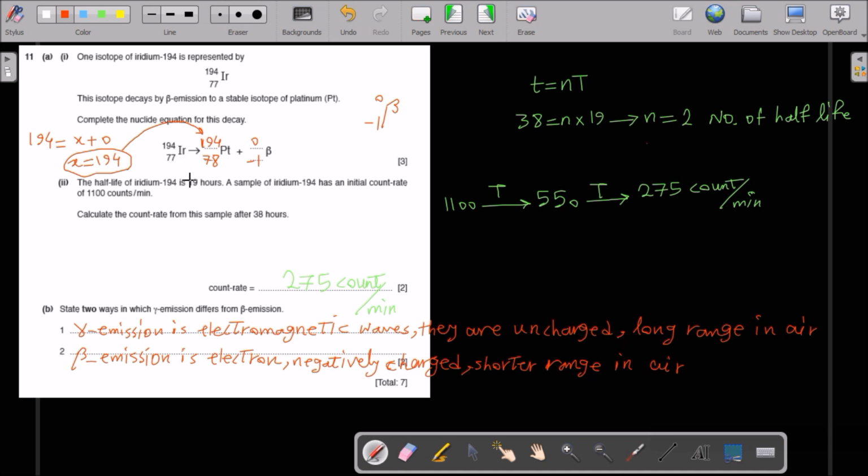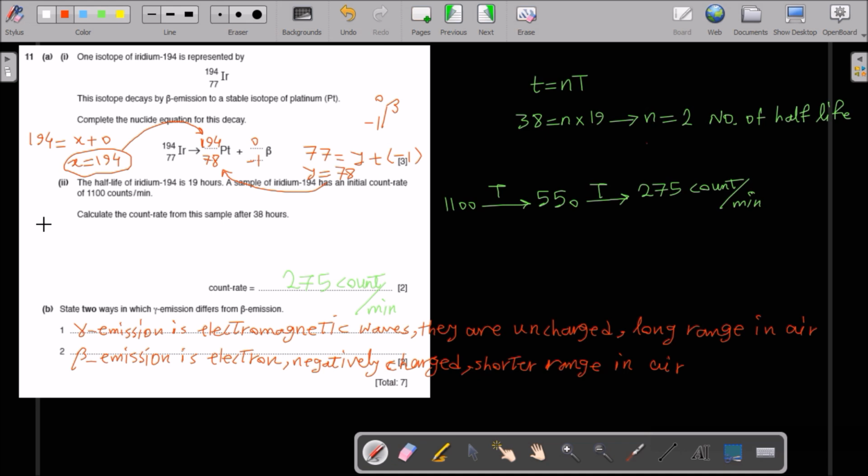And for the atomic number, you should write conservation of charge. So you can write 77 is equal to y plus -1. So y will be 88. Sorry, 78. Y is 78, which you can see here. So you should use conservation of mass and charge to get atomic mass and atomic number.